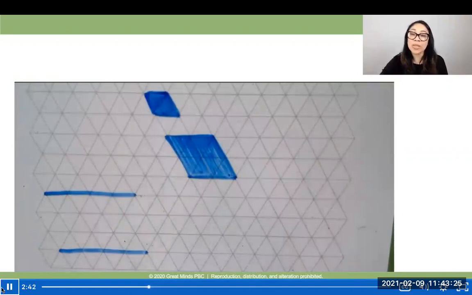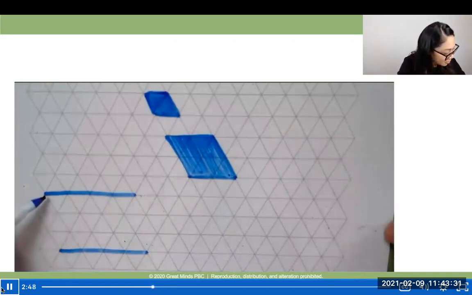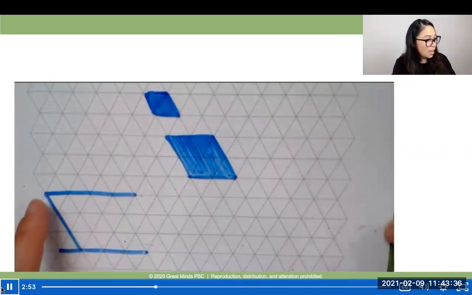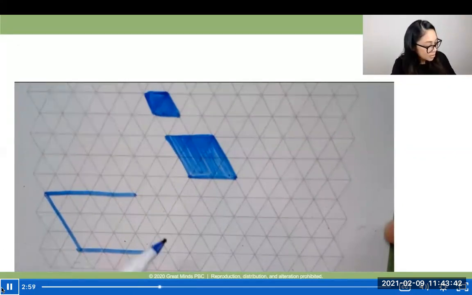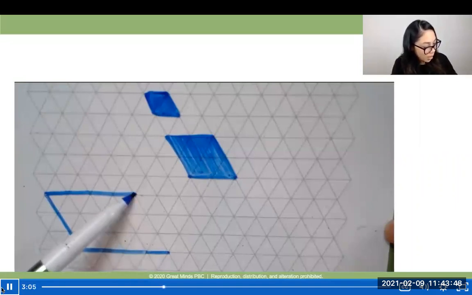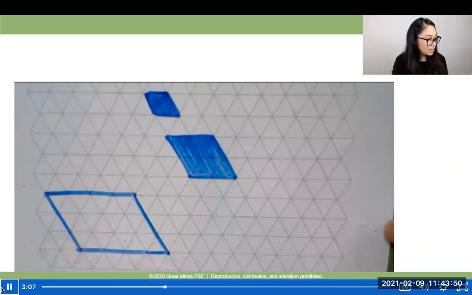They must be drawn so that the endpoints of all four segments are connected. I have to connect this endpoint with this endpoint. So that means I need to extend this segment by one more side of a triangle. And now I can connect these two endpoints. And look at that. We have another rhombus.